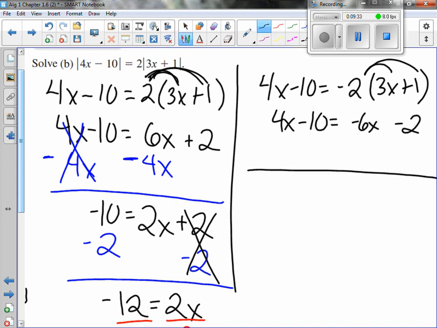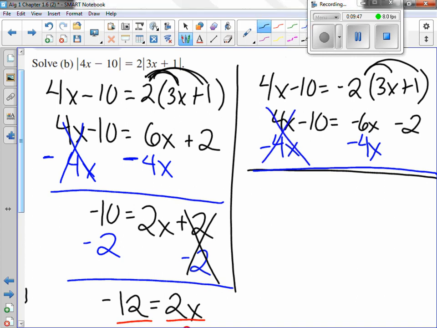So to keep it kind of the same as we did previously, we can go on and subtract 4x from both sides. Because 4x minus 4x will cancel like it did before. So what that'll leave us with is negative 10 is equal to negative 6x minus 4x will give us negative 10x minus 2.